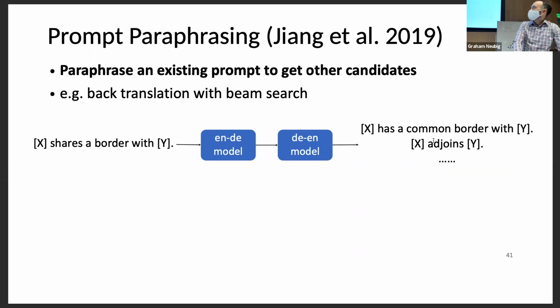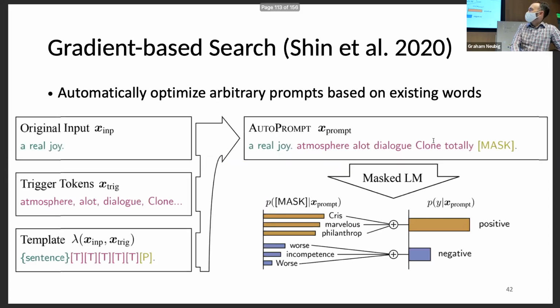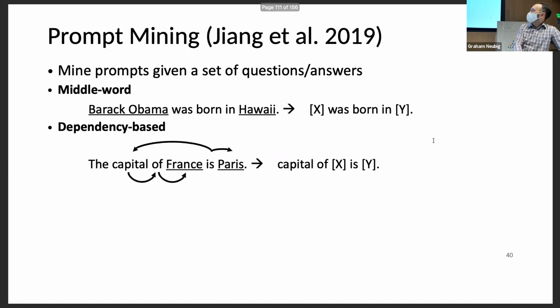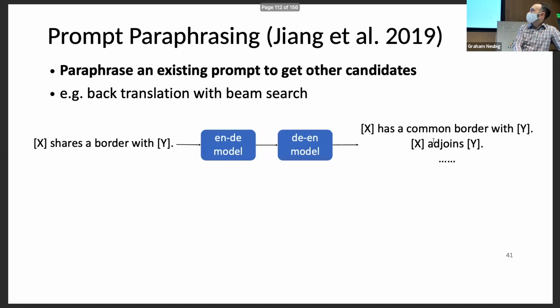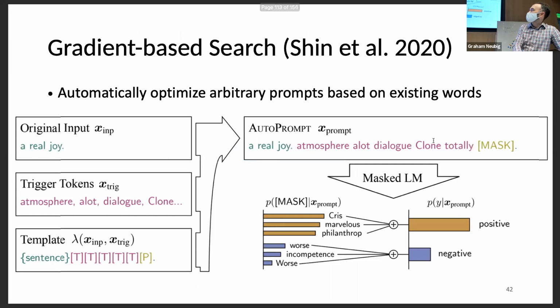Okay. So moving on to the next one. These were maybe the first two methods proposed for prompt engineering or automatic prompt search. There's been a lot of follow-up work on this, so these are just two additional examples.